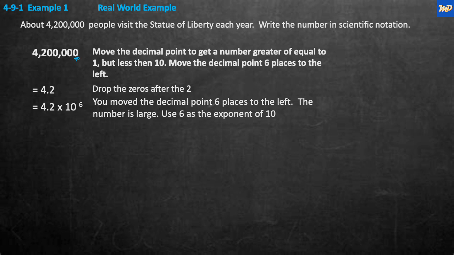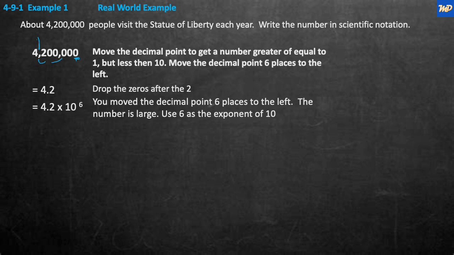So you go 1, 2, 3, 4, 5, 6. Now we've moved it 6 times. So now the decimal point is right here, below the 4 and above the 2, between these two, because we moved it 6 times.